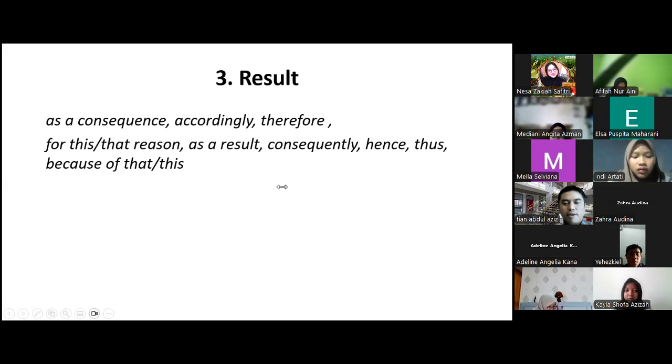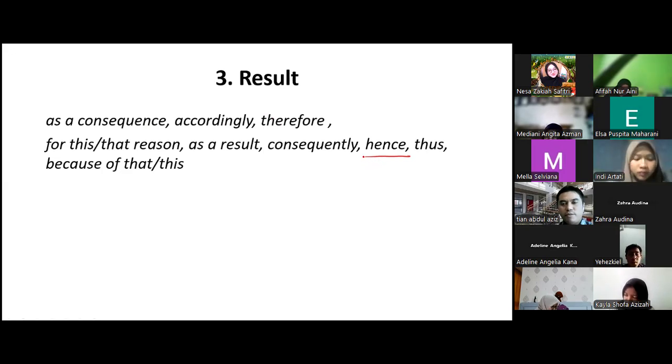But from these connectors, hence is the old one and very rare at this time, in writing or in speaking.